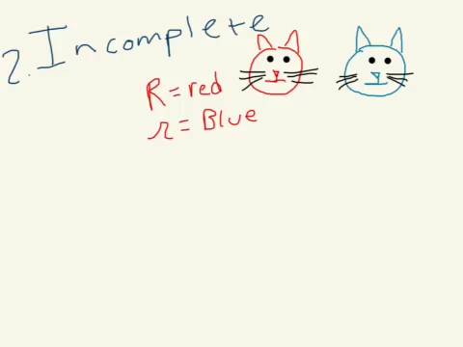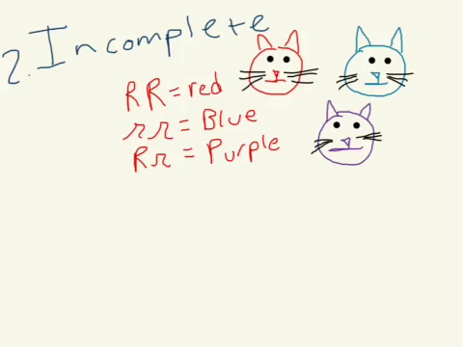But if you remember, I said that there's three possible outcomes. So in this case, we'd have to define our alleles as capital R red, lowercase r blue. And then our third one would be incomplete, and when you mix these two together, we have purple.